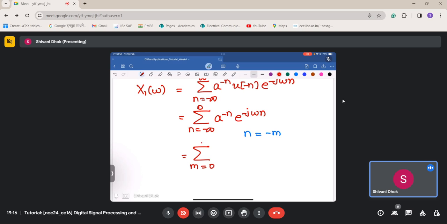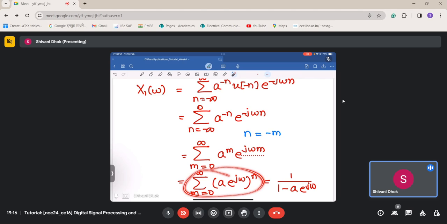So we have summation m running from 0 to infinity a power m into e power j omega m, which is equal to summation m running from 0 to infinity a into e power j omega to the power m, which is equal to 1 upon 1 minus a into e power j omega. So why is it so?